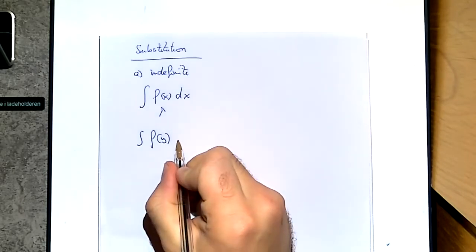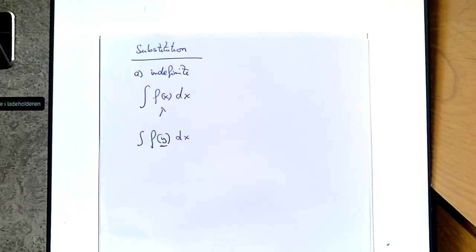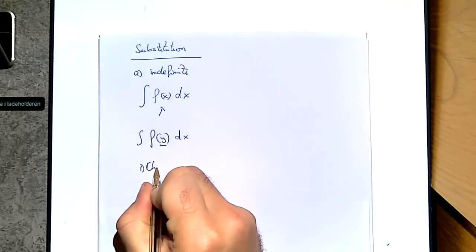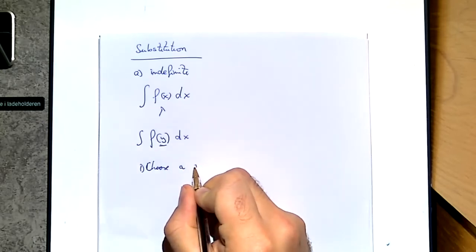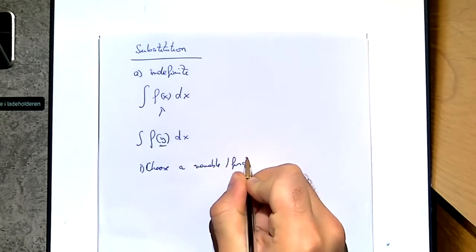Now, obviously, I cannot have dx there, right? Because I have y here. So the formula you're gonna apply is the following, and I'll give you the blueprint. First of all, choose a variable or function to replace.